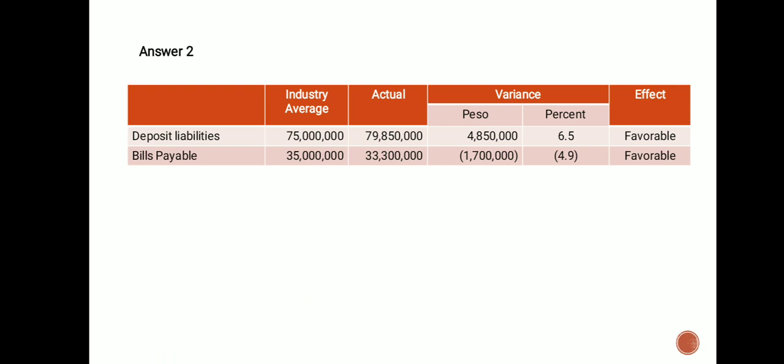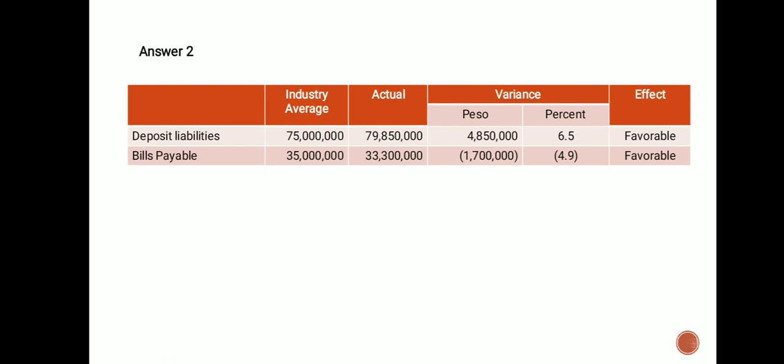Okay. The industry average data for deposit liabilities is 75 million, and then the actual deposit liabilities of Countrywide is 79,850,000 pesos. So there is a difference of 4,850,000. That is equivalent to 6.5% favorable.